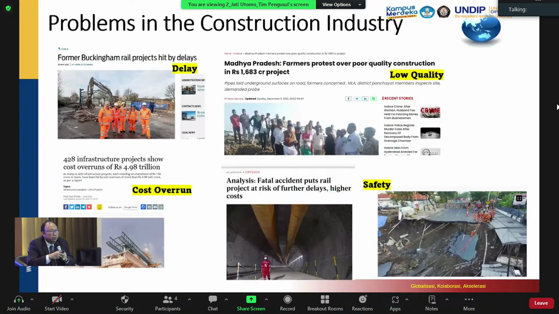So indeed, we have to admit that in the construction industry, we are still having many problems related to delay, low quality, cost overrun, and safety. As all the pictures shown here, we can see the scale of this problem. And this is not only happening in Indonesia, it also happens globally, including in developed countries.